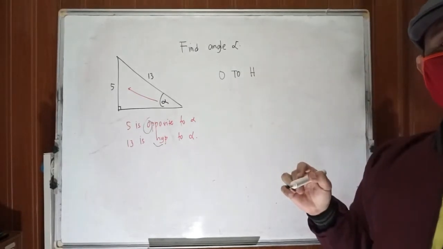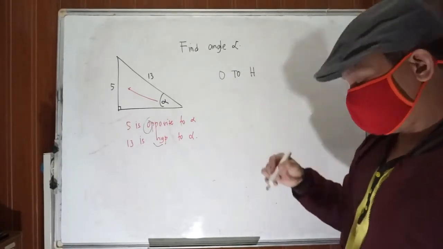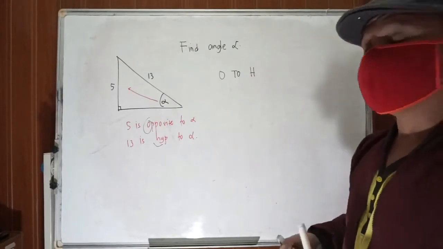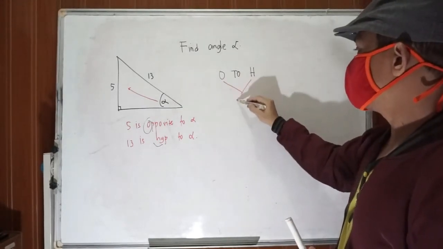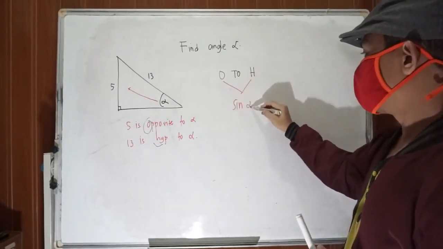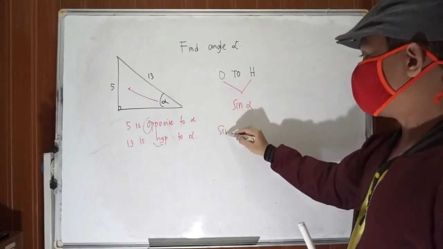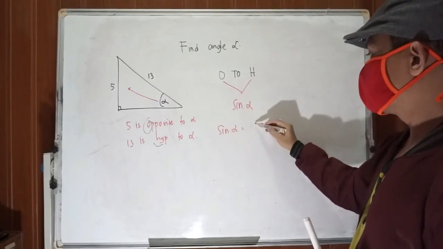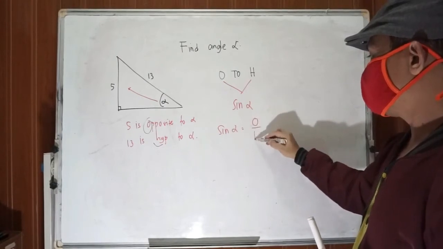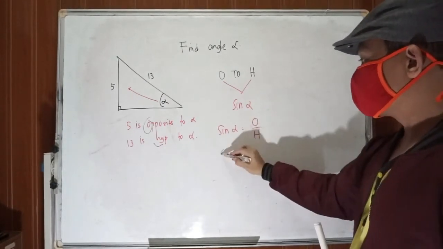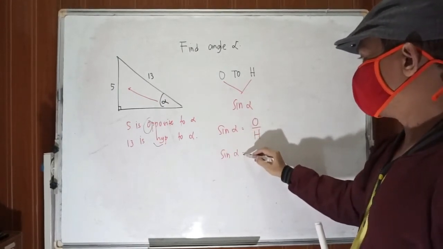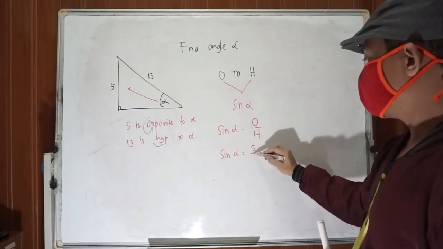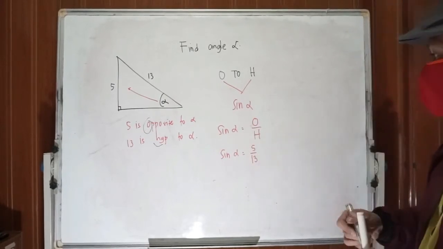What is the connection of O to H? The connection O to H is sine. So sine alpha is opposite over hypotenuse, so sine alpha equals 5 over 13, right?